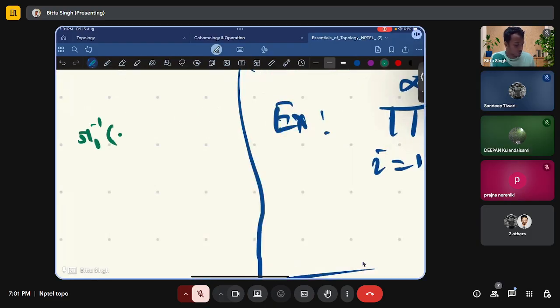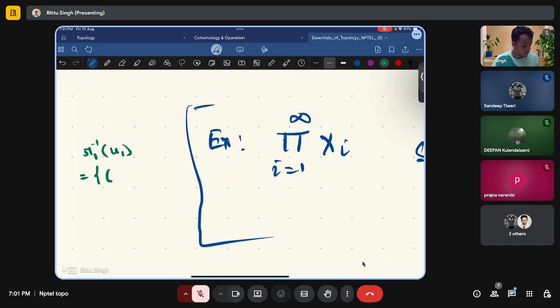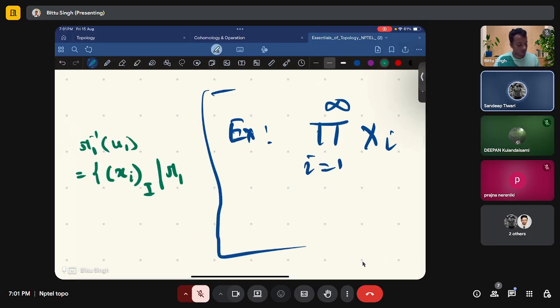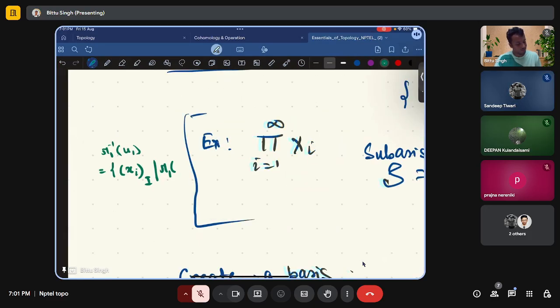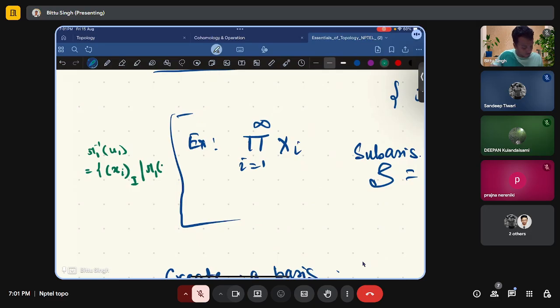Pi 1 inverse of u1 means some point, some sequence (xi), i belongs to I, such that by definition pi 1 of this sequence belongs to u1. I am writing in this notation, this belongs to u1, right?